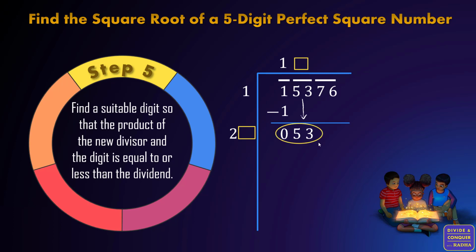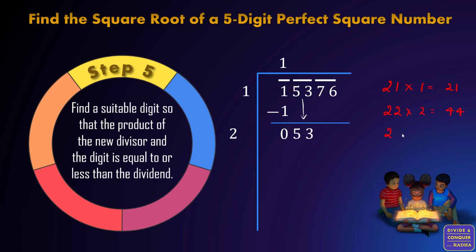So we need to find a digit in such a way that we get a product less than or equal to 53. So let's try out. What happens if we try with the first number, that is 21 times 1. We get 21, which is lesser than 53. So let's try the next option, 22 into 2. We get 44. It's lesser than 53.